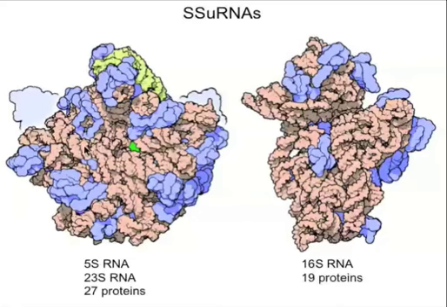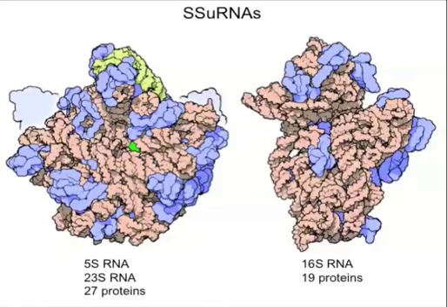You can sort of start to pick out that helical structure, although there's a pretty complex secondary and tertiary structure in the ribosomal RNA. And then each of these blue blobs represent proteins. So in this case, I think this is a bacterial ribosome. I can't remember exactly which one. Doesn't matter. We got two RNA molecules, 5S and 23S RNAs, and 27 different proteins.